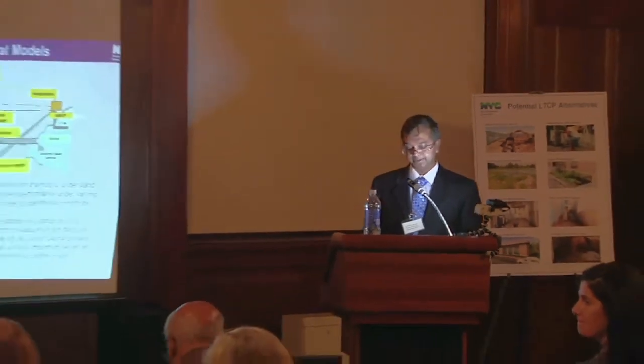Could be like, what happens when there's a large storm that is projected to be in the next couple of days. You can use that in a forecast mode to understand what can happen. But in this context of long-term control plan, we are really using them for evaluation of a range of CSO control measures to help with decision making.